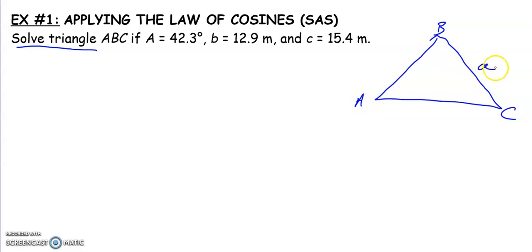Across from big A, we're going to have the length of side a. The length of side b is across from angle B, and the length of side c is across from angle C. Well, they told us angle A is 42.3 degrees. They told us the length of side b is 12.9, and then they said the length of side c is 15.4.